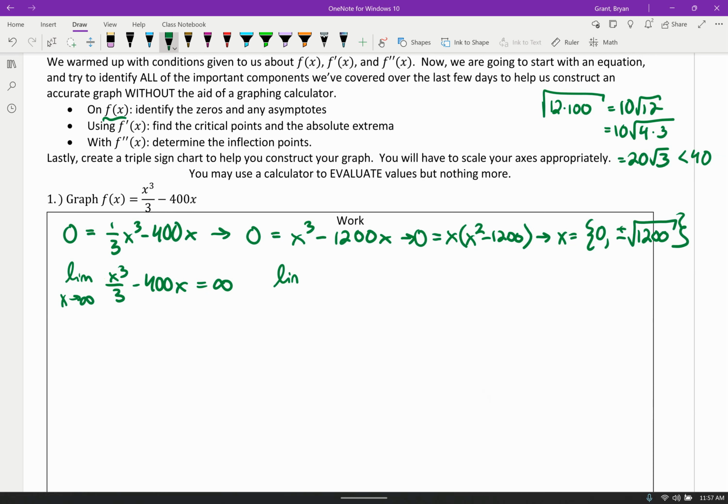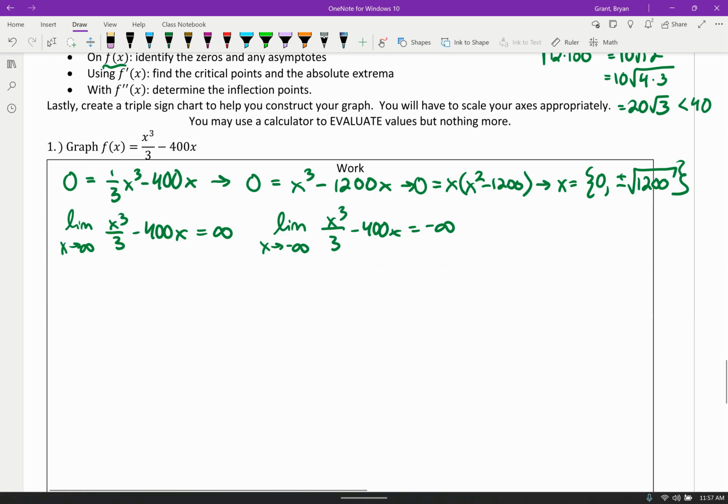And same thing if we look at negative infinity, right? This is going to give me x cubed over 3 minus 400x. That'll give me negative infinity minus negative infinity, but this guy's more dominant. I'm seeing negative infinity here, which also makes sense. We know cubic functions look something like this, going to positive infinity and negative infinity. So no real surprises so far. Okay, so I think we're pretty much done with f of x.